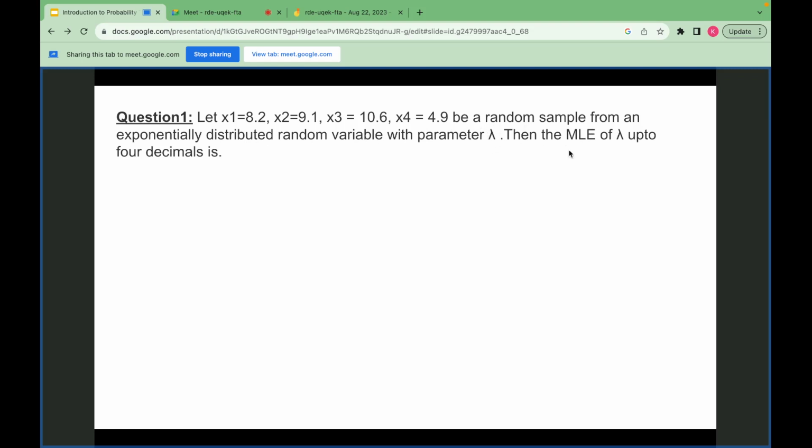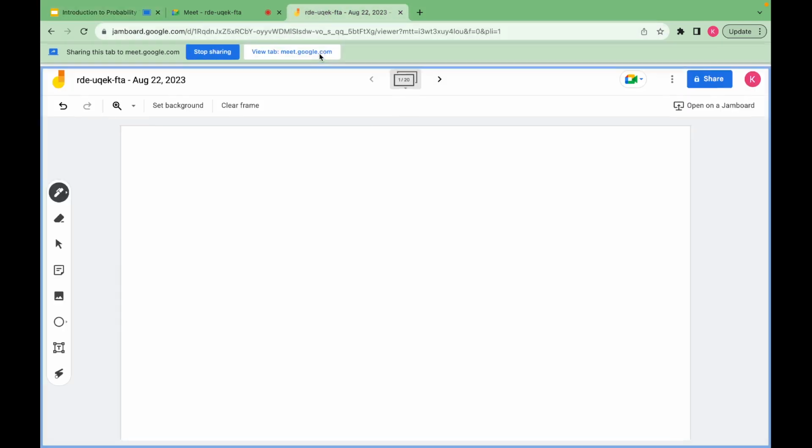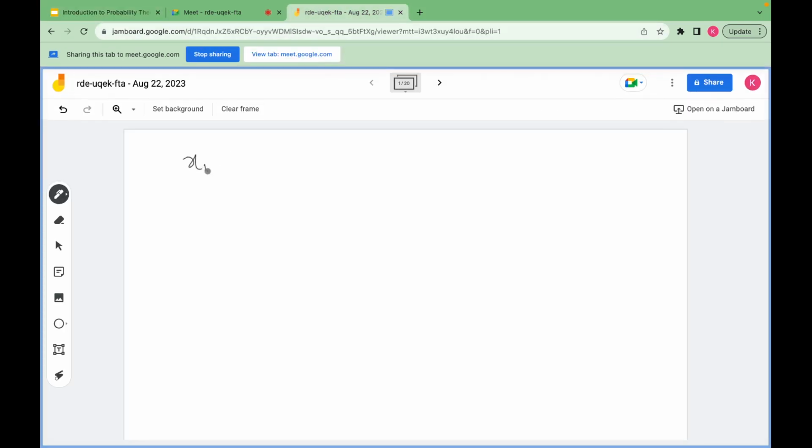Then the mean level estimator of lambda up to 4 decimals is? So we know x1 is 8.2, x2 is 9.1, x3 is 10.6 and x4 is 4.9.